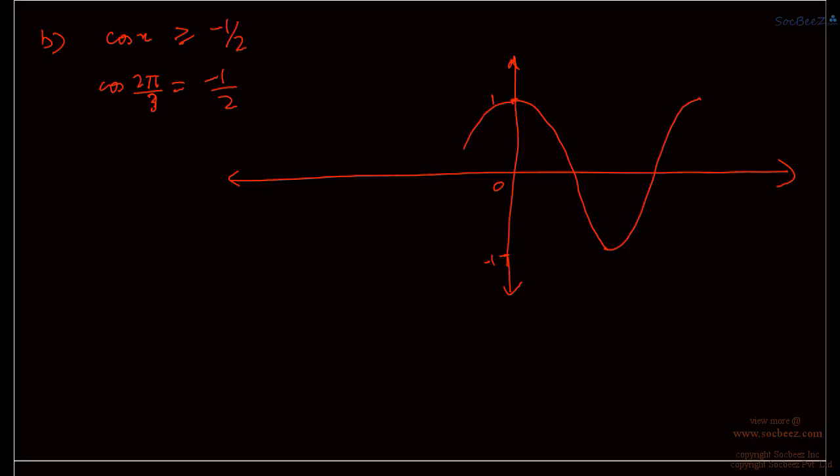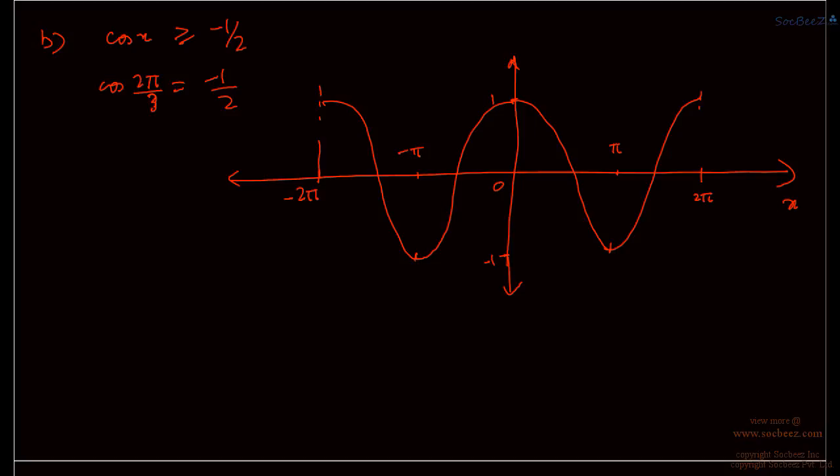This is minus 2 pi, this is pi here, minus pi. Similarly, this part is pi, and this is 2 pi. For simplicity's sake, I am taking only from minus 2 pi to 2 pi.